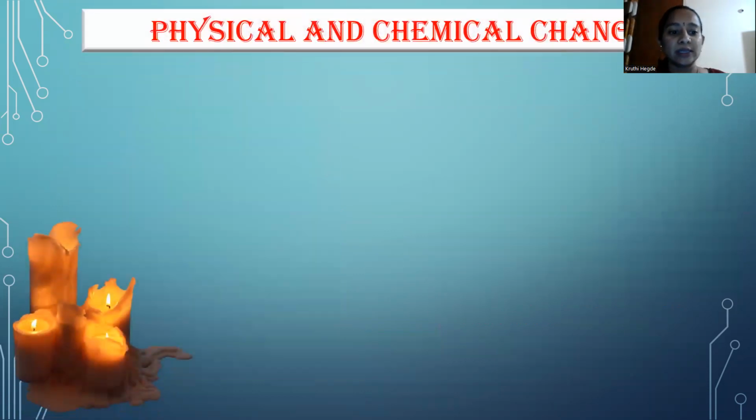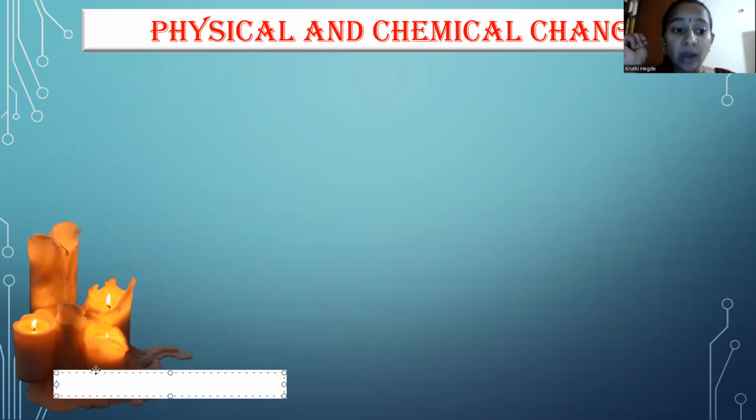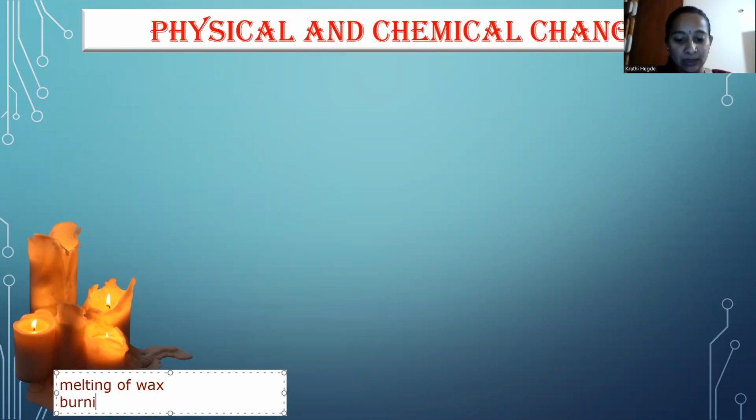What is this? Here a candle is burning. You can tell that burning of a candle is a chemical change. But in this burning of a candle, two changes are involved. There is melting of wax, and there is burning of the wick of the candle.